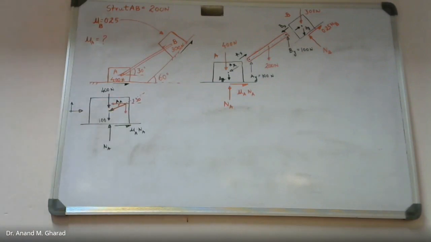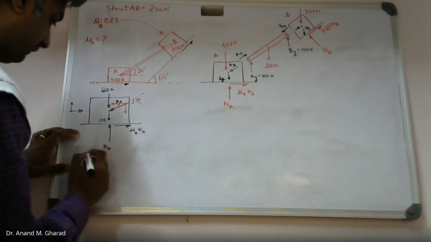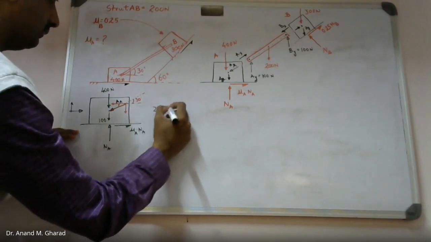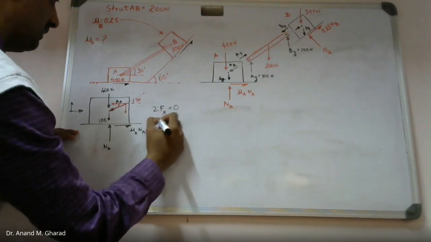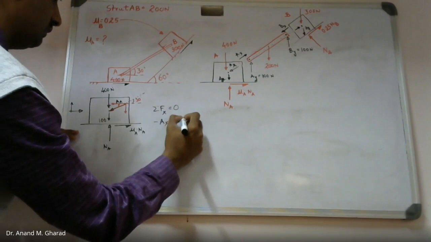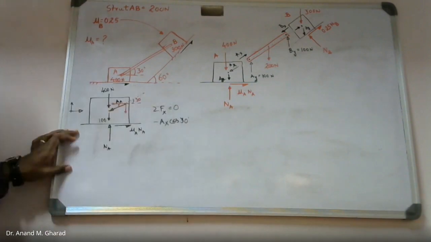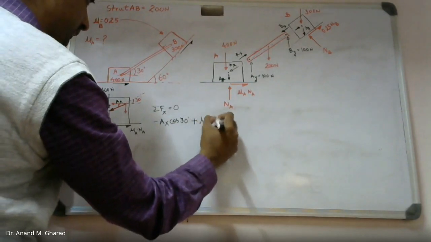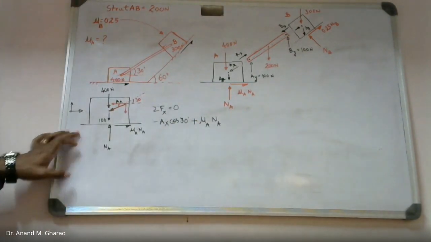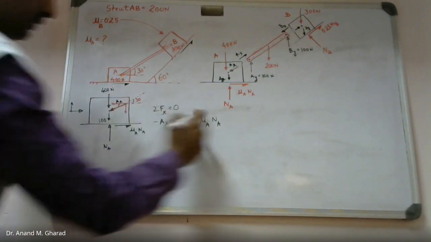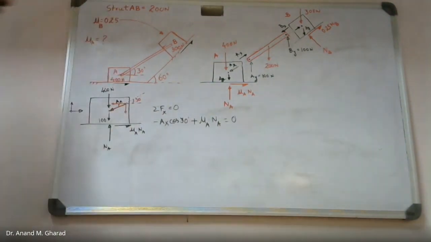Now, from this free body diagram of A, if I apply equations of equilibrium, minus Ax cos of 30, this is one x term, plus mu A Na, another x term. Any other x value? I don't find any other x value equating to 0.